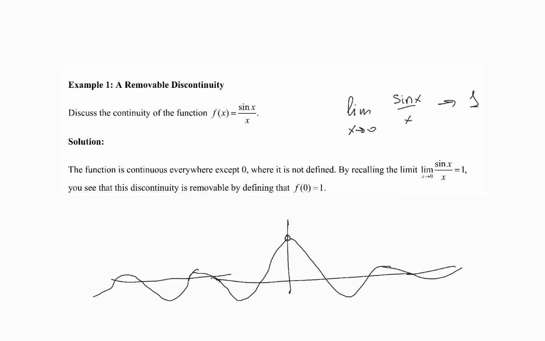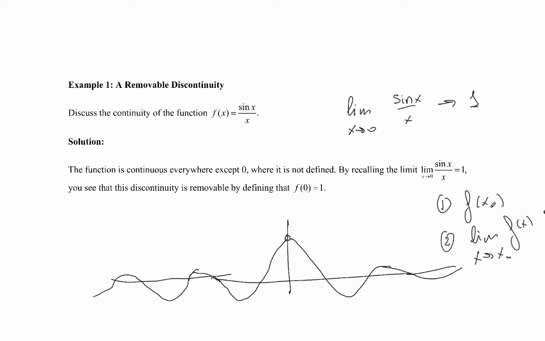So this function is not continuous at x equals 0 because three conditions need to happen to be continuous. The first condition: f of x0 must exist. In this case, it doesn't exist. The second condition is that the limit when x approaches x0, in this case 0, of f of x exists. This limit exists when x approaches 0 and is 1.